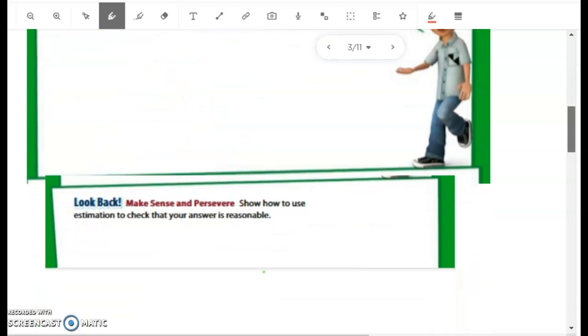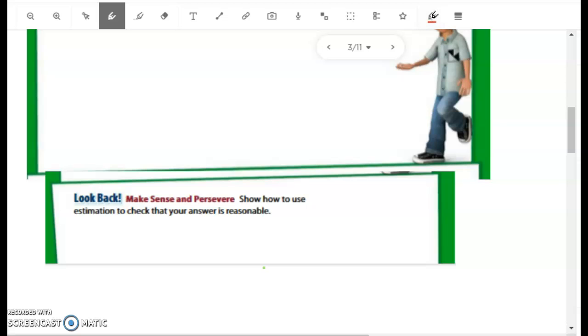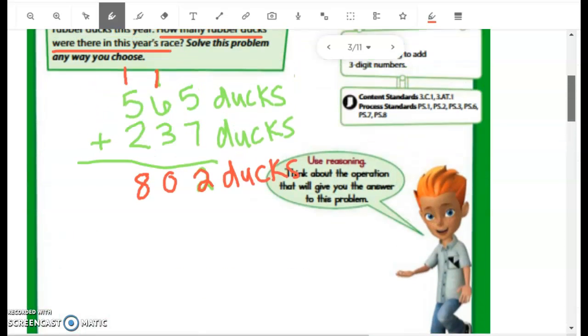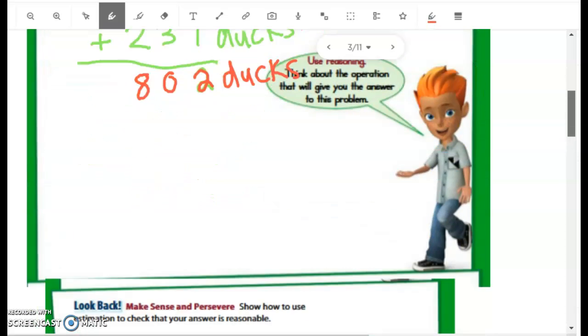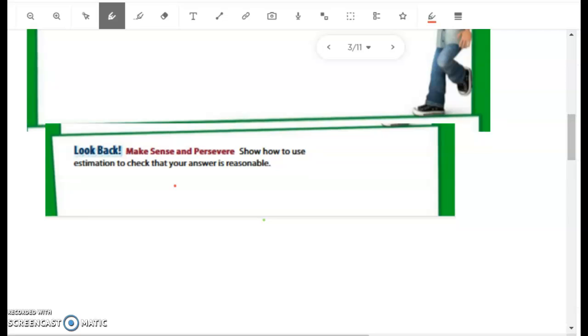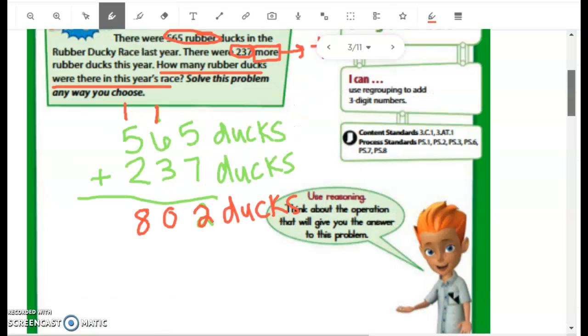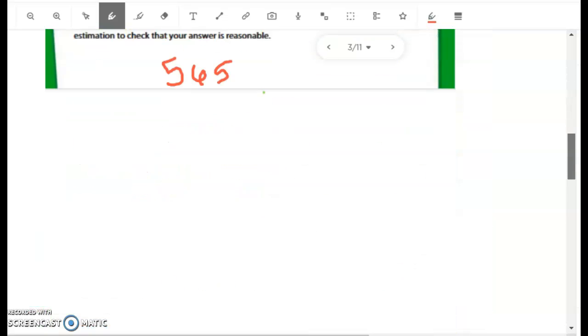Now I need to check my answer. And on the bottom, it says to show how to use estimation to check your answer is reasonable. So I'm going to estimate these two numbers, 565 and 237.